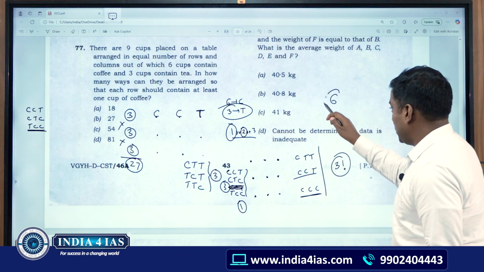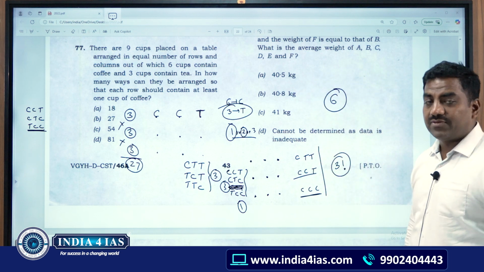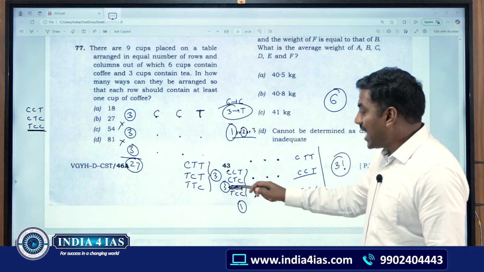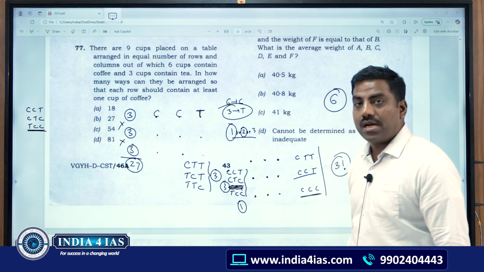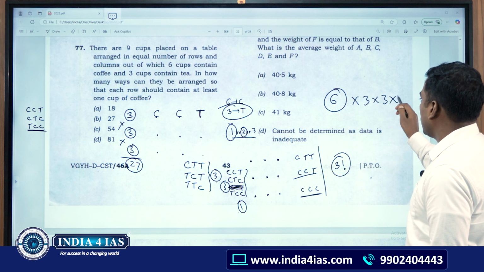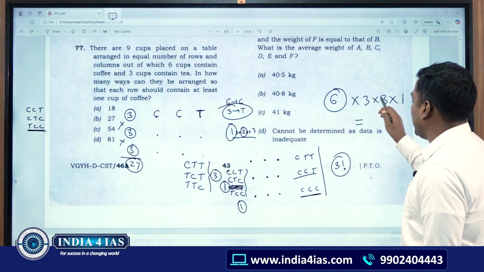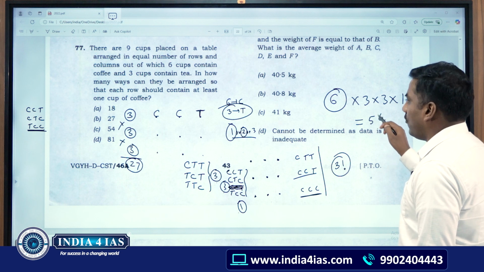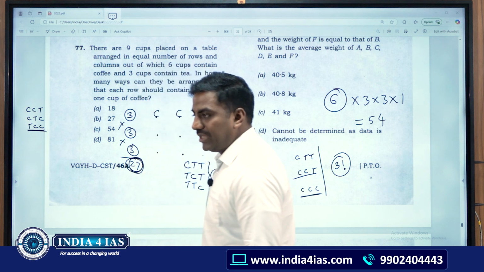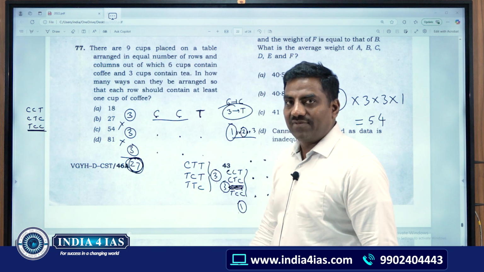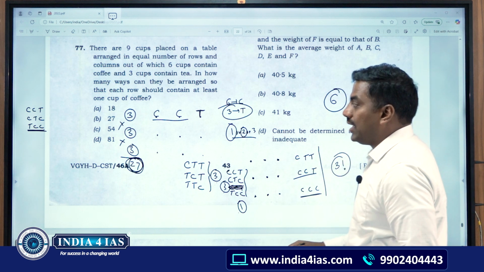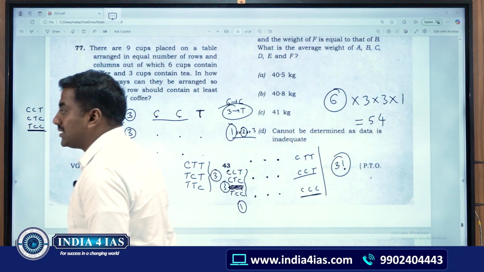So 6 ways of arranging the rows, and inside the rows 3 into 3 into 1. So totally 6 into 3 into 3, that is 54. Then I have the other 27 ways when I take 2 coffees and 1 tea in each row. So 27 plus 54 is 81.